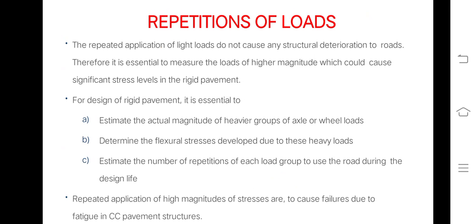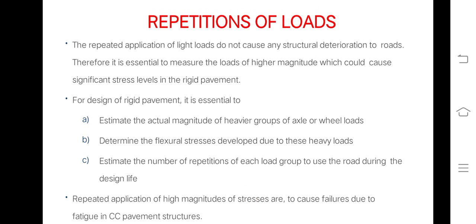What will be the effect of repetition of the loads? The repeated application of light loads does not cause any structural deterioration to the road. Therefore, it is essential to measure the loads of high magnitude which could cause significant stress levels in the rigid pavement.